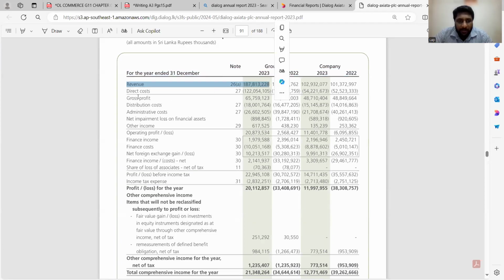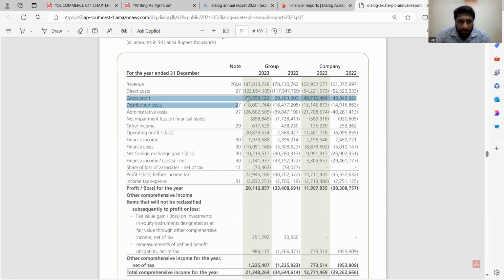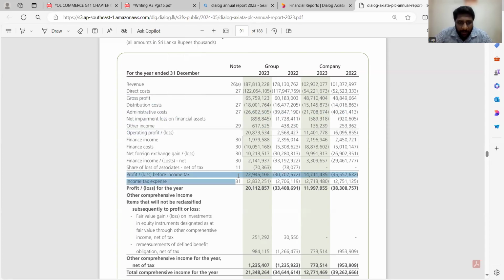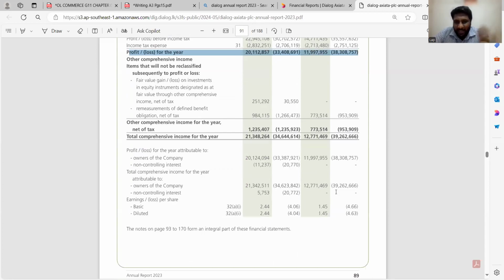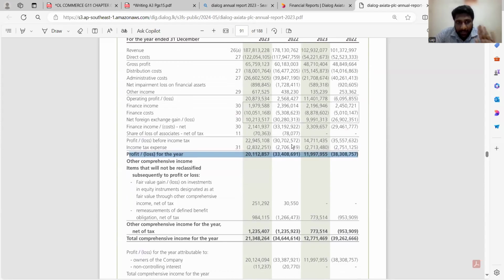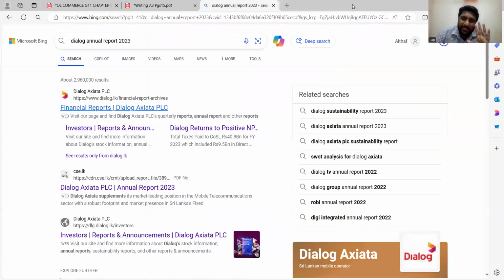Revenue is there, and other cost, there is something called gross profits, distribution cost, admin cost, other income, profit or loss for the period, profit or loss for the year. I'm just showing you for you to know, in companies also they do prepare income statements. අපි ඒකේ basic structure එකක් තමයි ඉගෙන ගන්න.